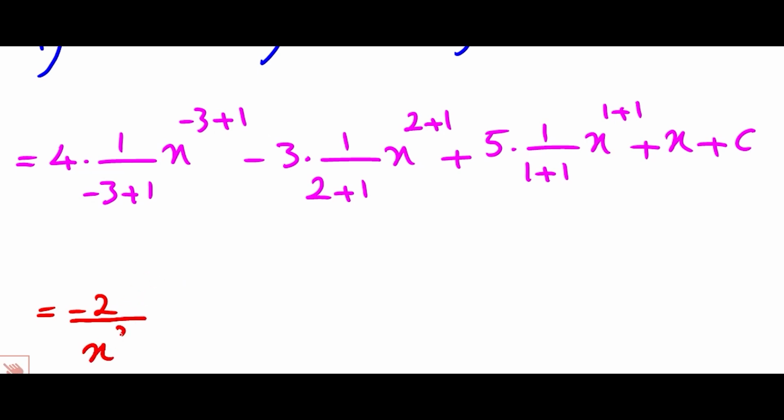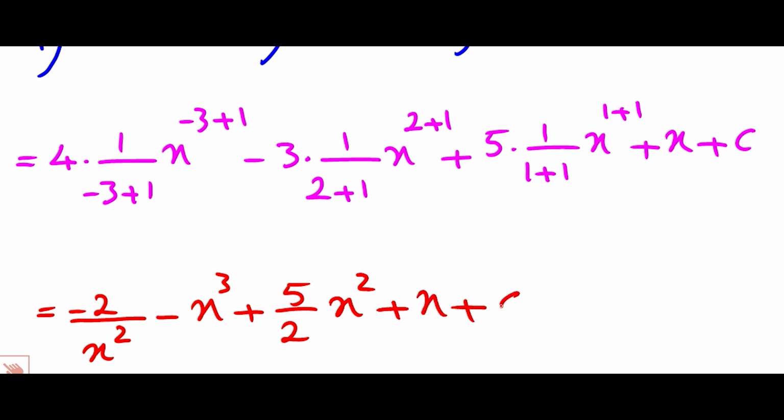Means x squared minus 3 over 3 equals 1. So we have x cubed. Negative x cubed plus 5 over 2 x squared plus x plus c.